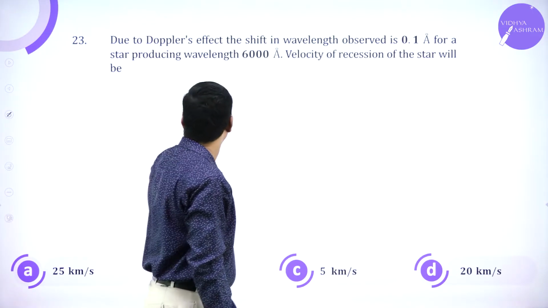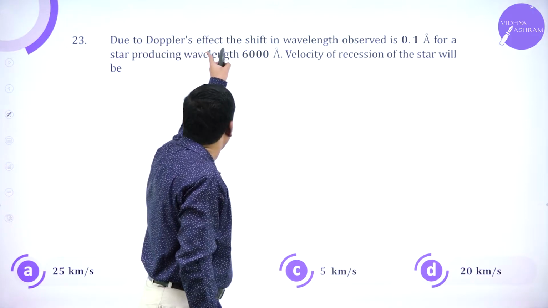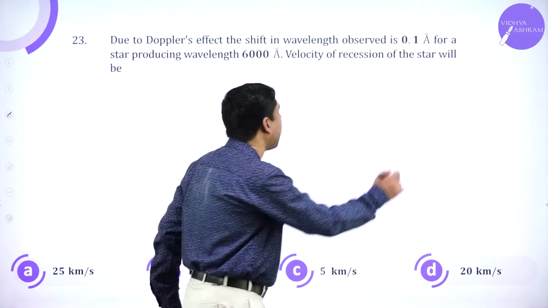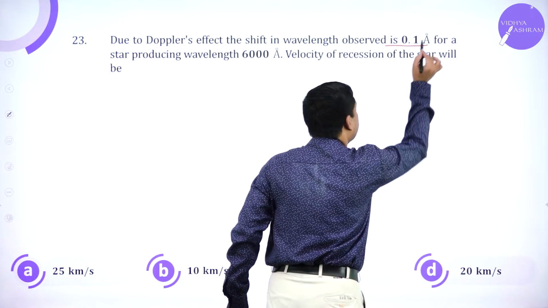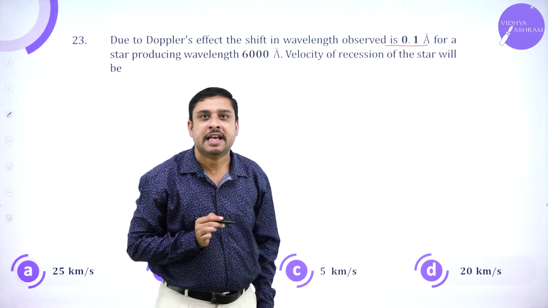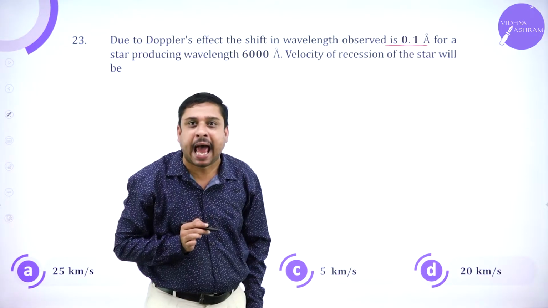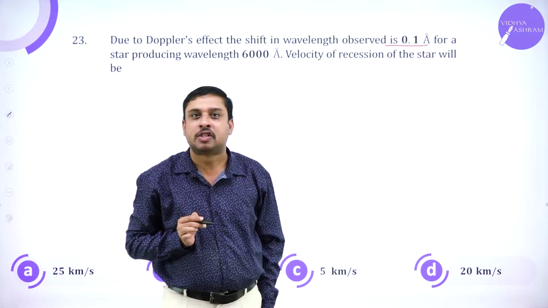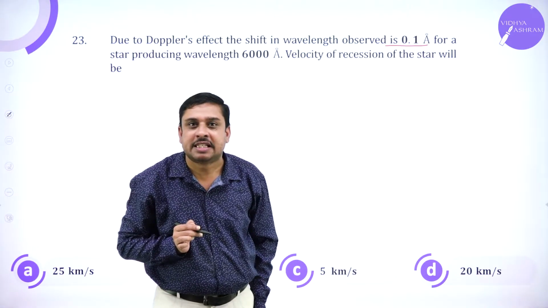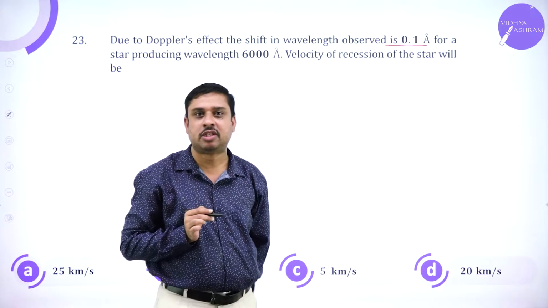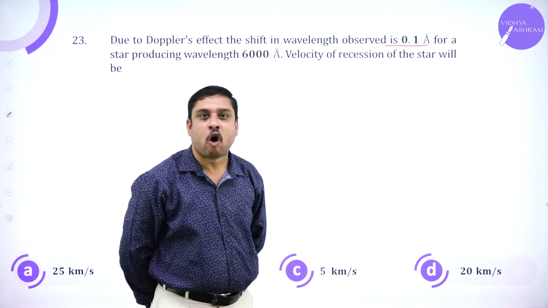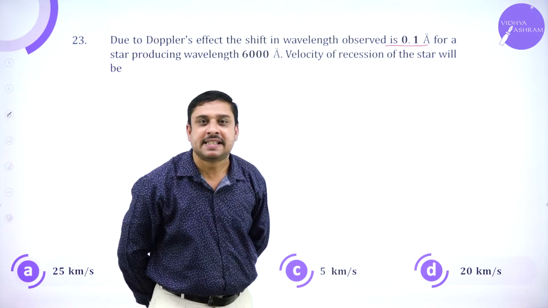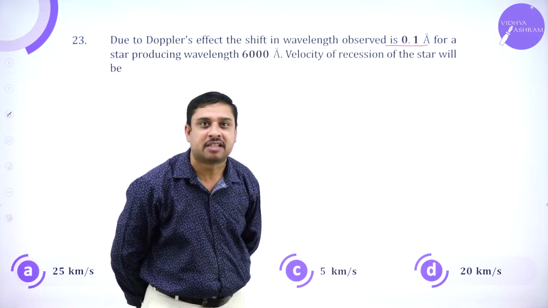Now, due to Doppler's effect, the shift in wavelength observed is 0.1 angstrom. In first year, you studied Doppler's effect of sound. In wave optics, you also study Doppler's effect of light.